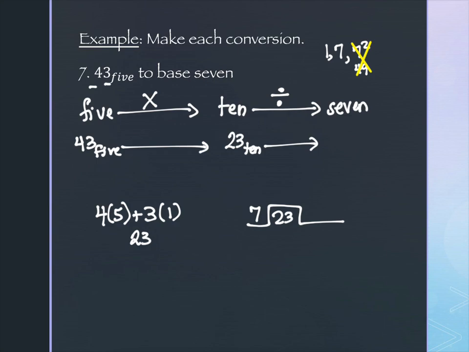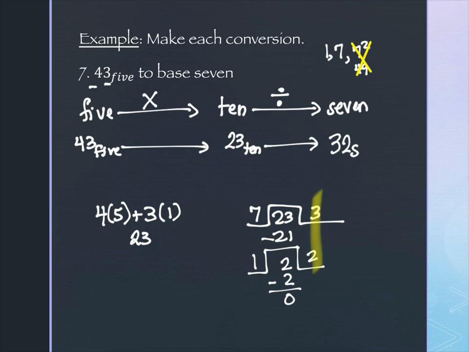There are 3. What is 3 times 7? 21. Subtract and I get 2. Divide by 1. I get 2. And over here is my base 7 number. So this is 32 base 7.